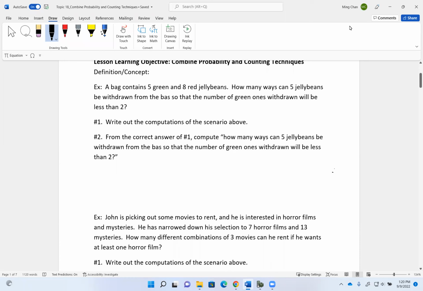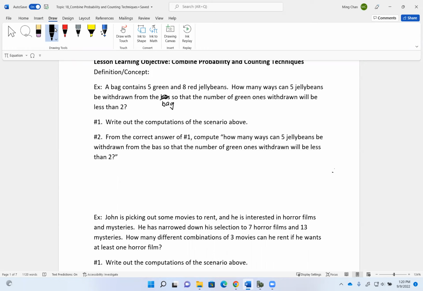For example, a bag contains 5 green and 8 red jelly beans. How many ways can 5 jelly beans be withdrawn so that the number of green ones withdrawn will be less than 2?